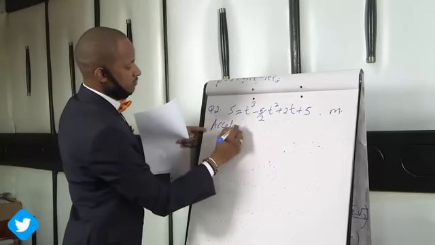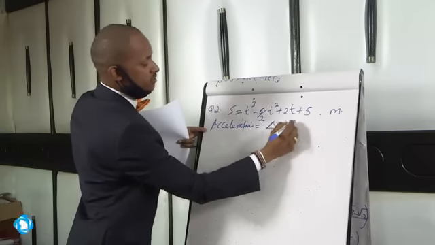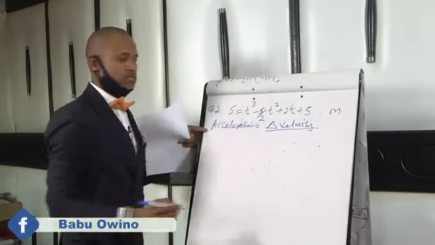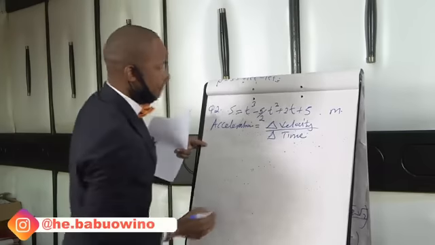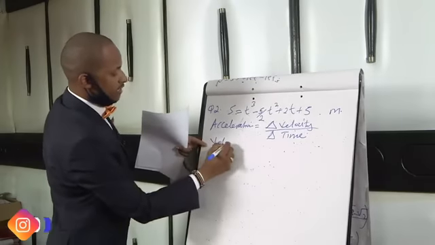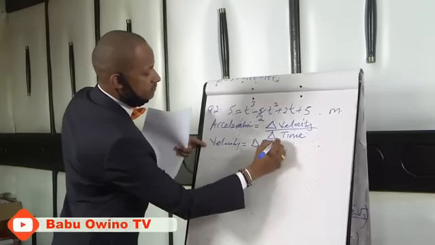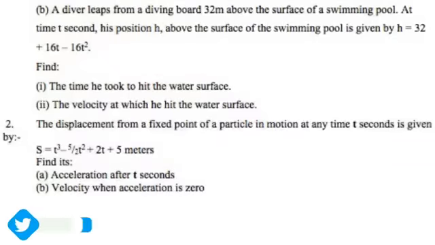Acceleration is given by change in velocity, from the mathematical formulas, divided by change in time. But velocity, we saw earlier, is given by change in displacement divided by change in time.